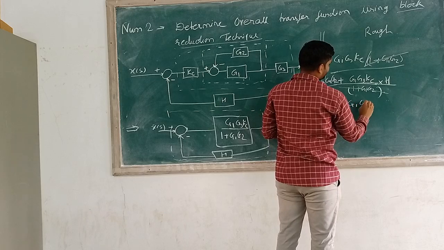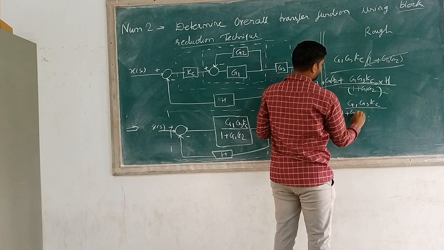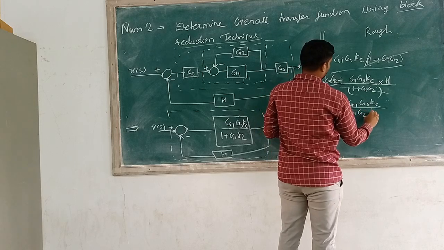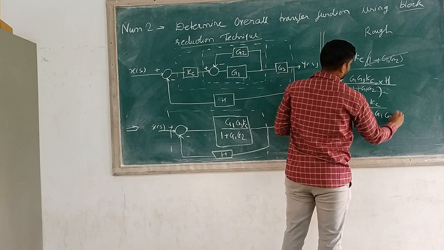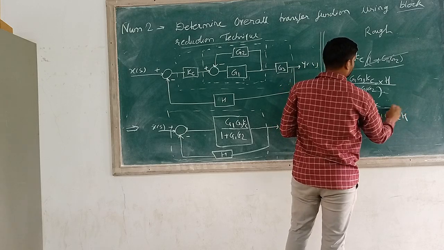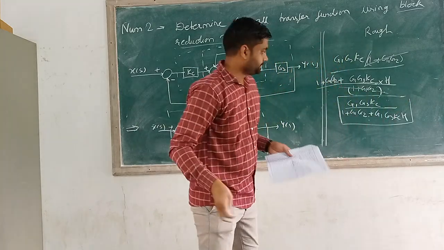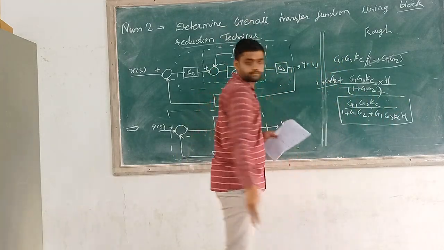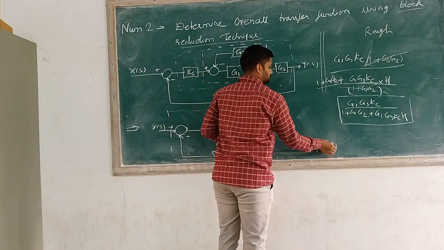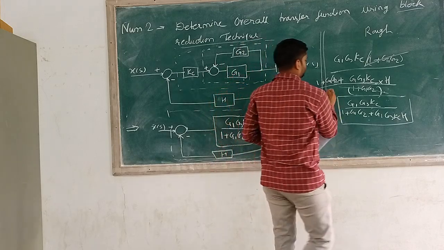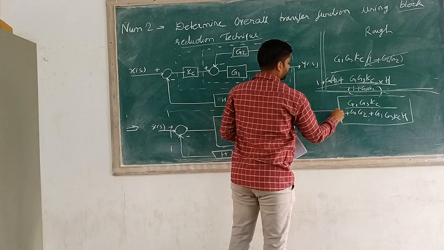G1 G3 Kc upon 1 plus G1 G2 plus G1 G3 Kc into H. So this is the answer of this equation.